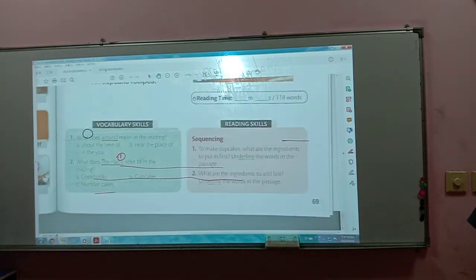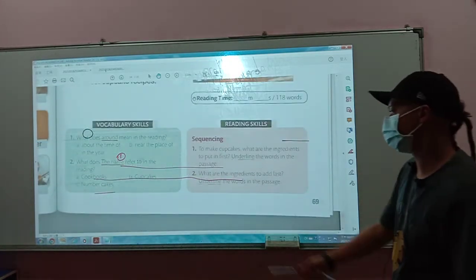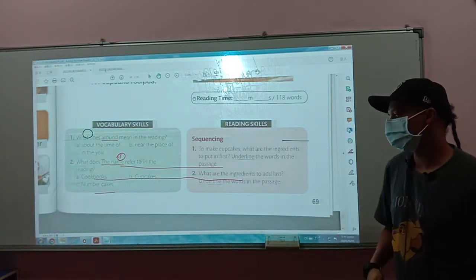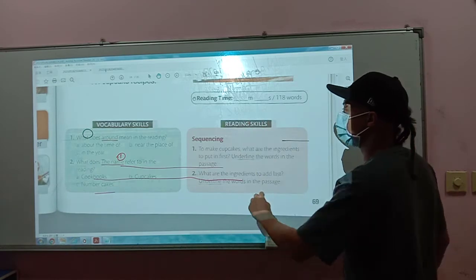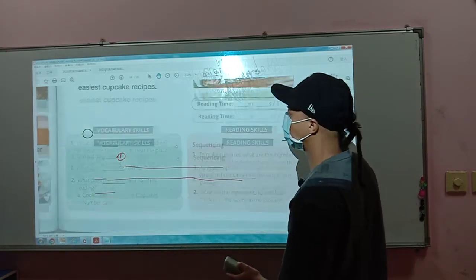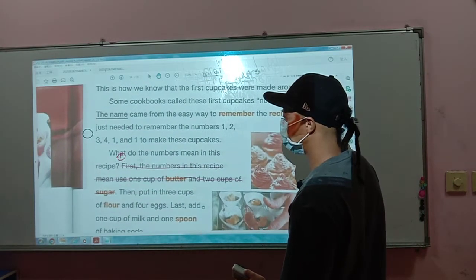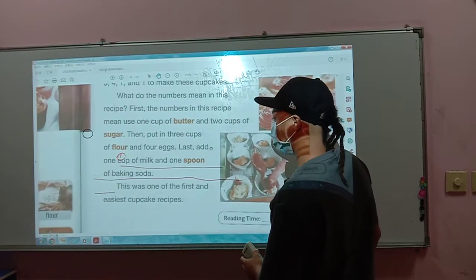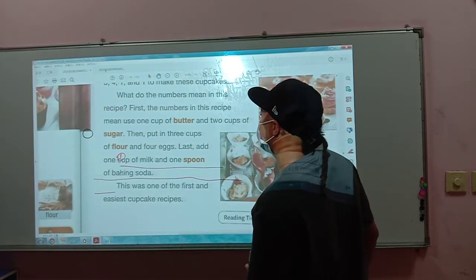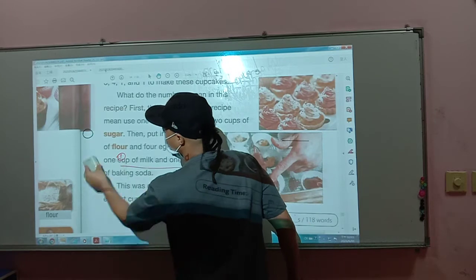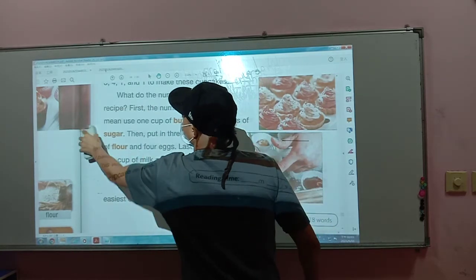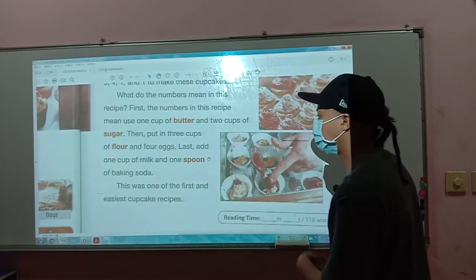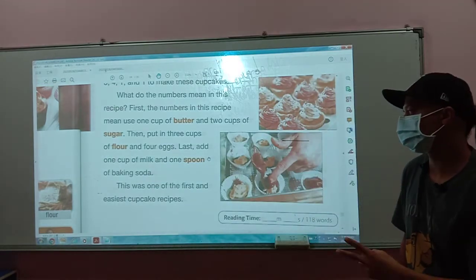What are the ingredients to add last? So what is the last thing that you need to add? Let's have a look at the page again. Let's try and find number 2. Let me just erase this. Now we have to see what are the two ingredients that we add last.